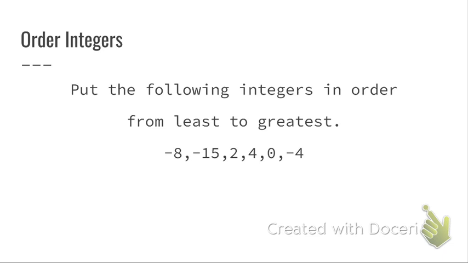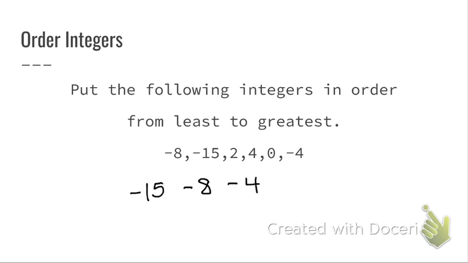So since I want to go from least to greatest, I'm going to look for my smallest number, which is going to be the biggest absolute value that has a negative sign. So like the deepest hole, so to speak. So negative 15, then negative 8, then negative 4. Notice how it's like I'm getting closer to 0, right?